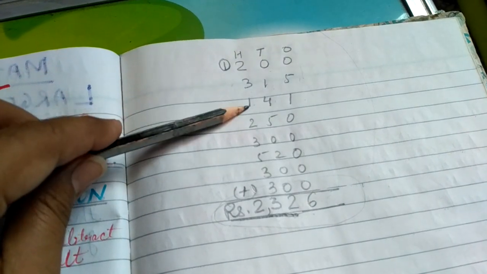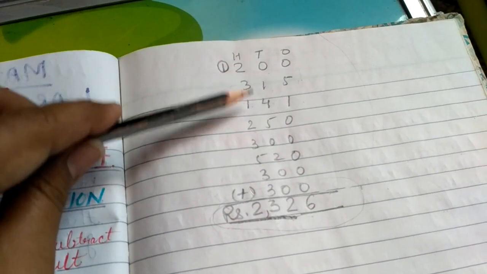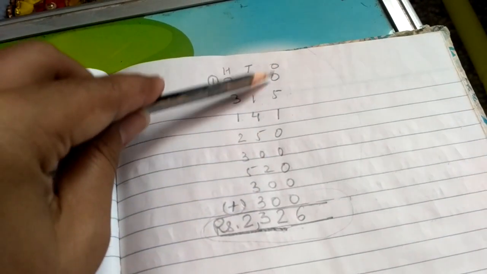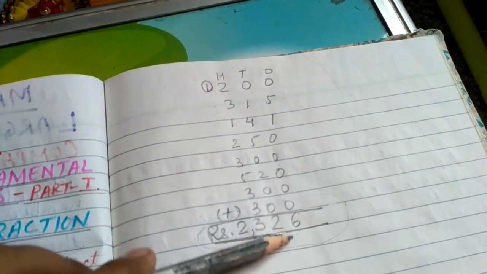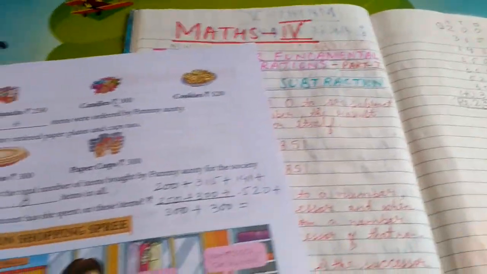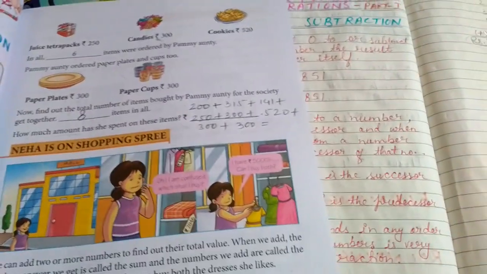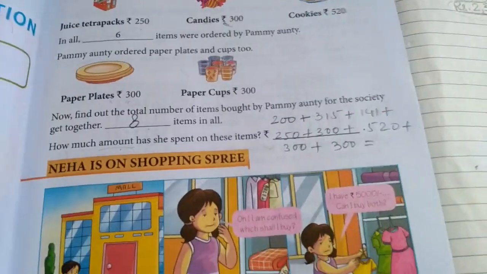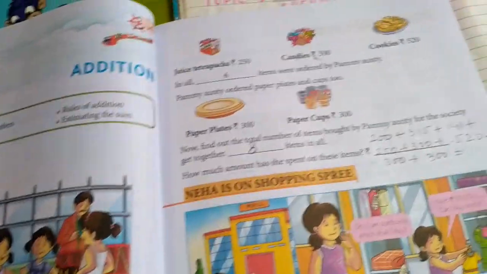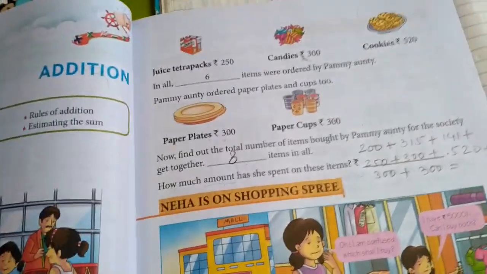We placed the price of each item in sequence, and then we added the addends as per the addition rules. So now you can see that the method of addition is so useful in calculating the total amount, in calculating the estimate of anything.